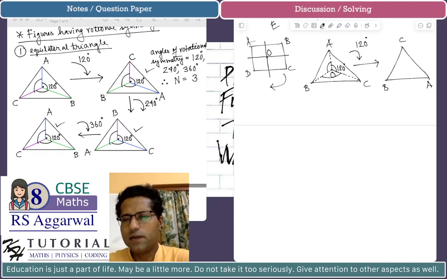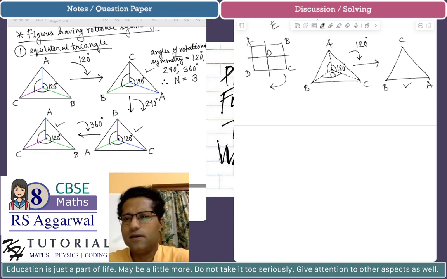So after giving a rotation of 120 degrees about its center, the triangle we are getting is identical to the triangle from the starting position and orientation. So the angle 120 degrees is an angle of rotational symmetry.